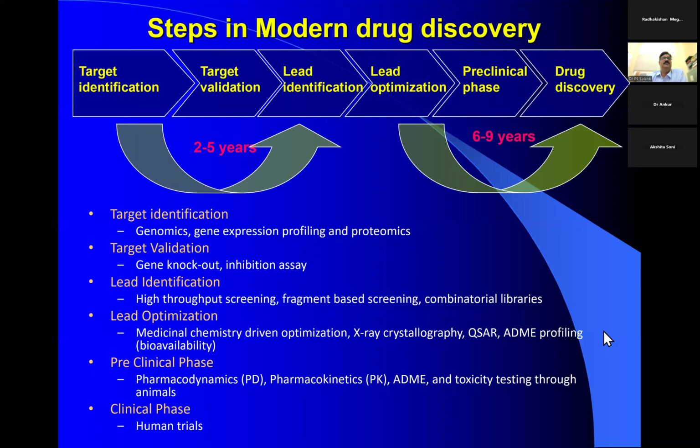In the first step, target identification, we identify a specific molecule, often a protein or a gene, that plays a crucial role in disease. The tools used here are primarily genomics, which studies the organism's entire DNA, and gene expression profiling, which measures how active thousands of genes are simultaneously, meaning the co-expression level.